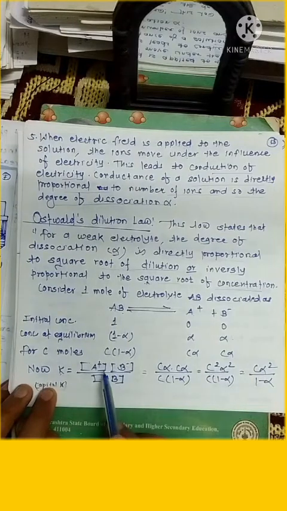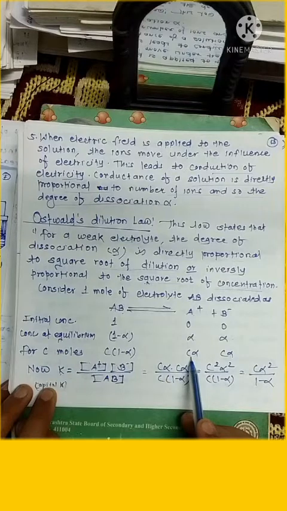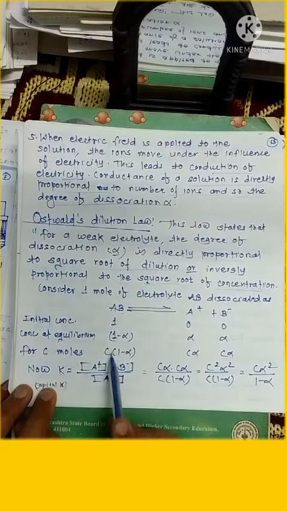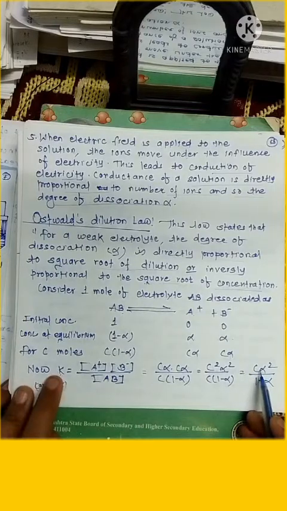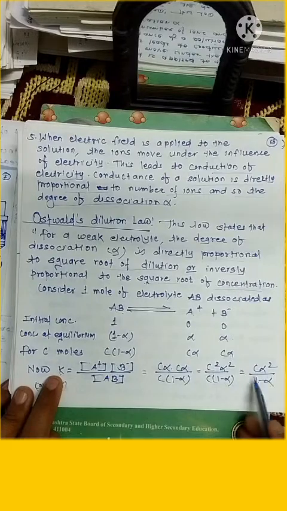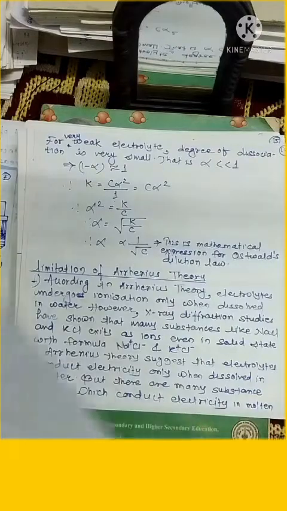So we know the concentrations of A and B, that is C alpha, divided by the concentration of AB, that is C into bracket 1 minus alpha. After solving this, we come to K equal to C alpha square divided by 1 minus alpha.